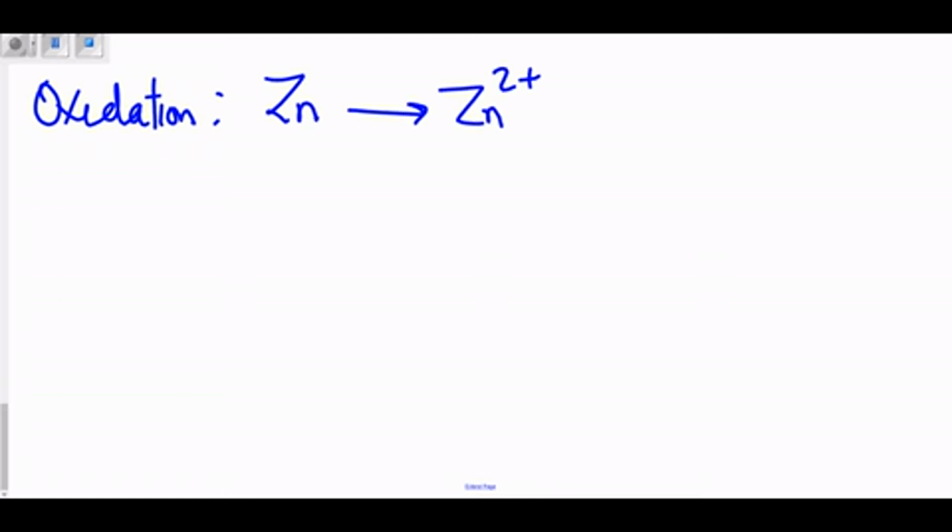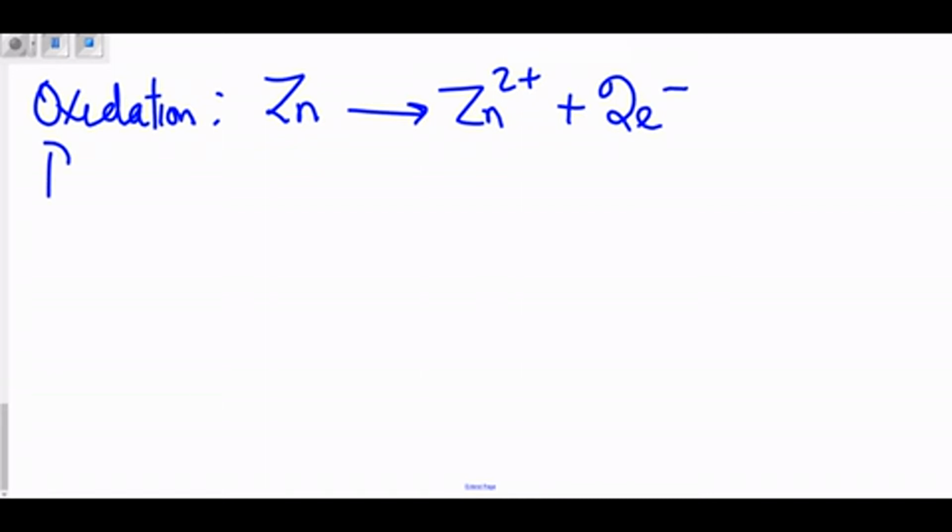Now, we have our oxidation half cell. Oxidation half cell reaction. What did we say that is? Oxidation is where electrons have been lost. So we have zinc becoming zinc 2 plus plus 2e.